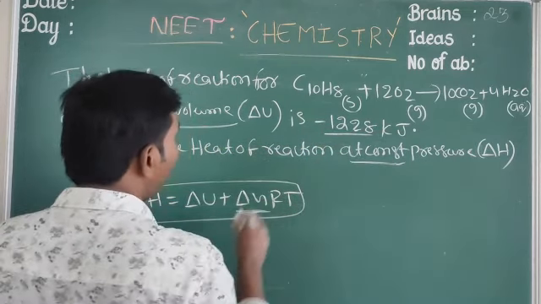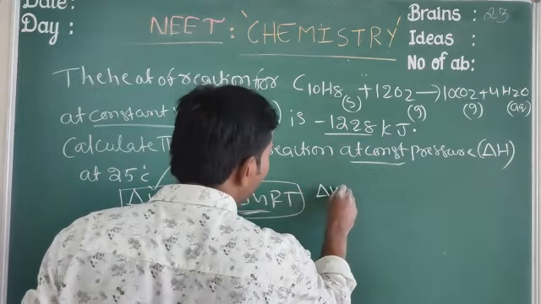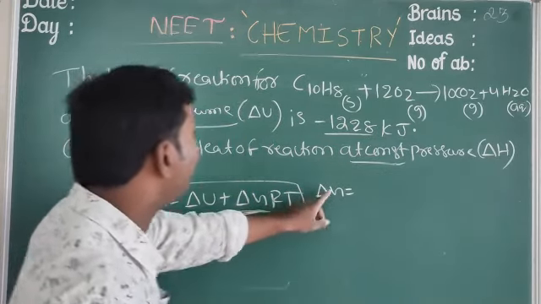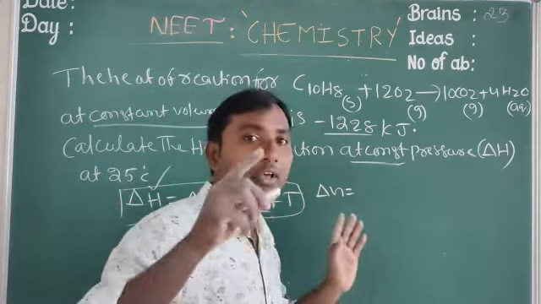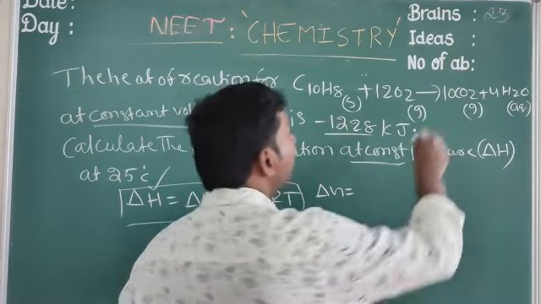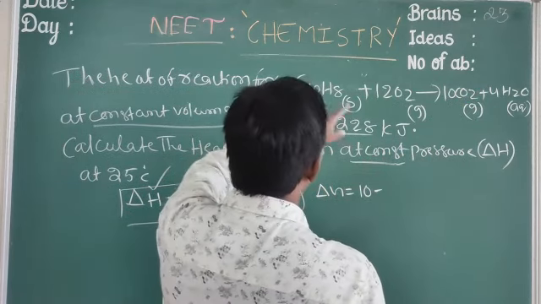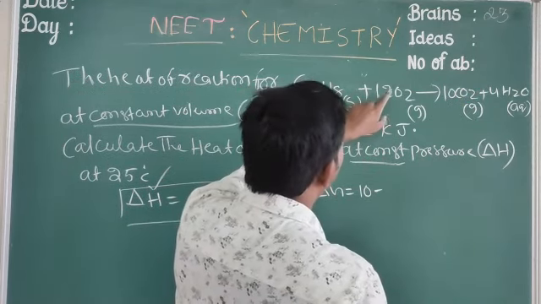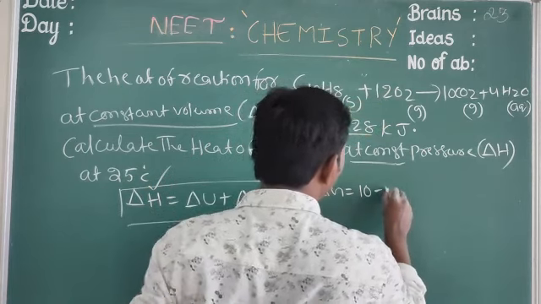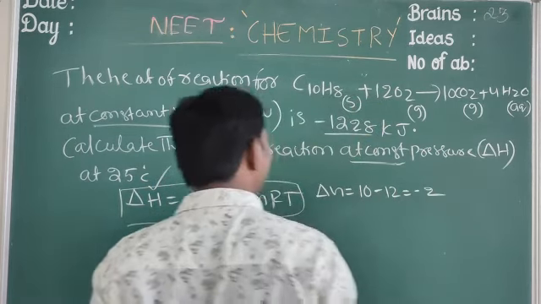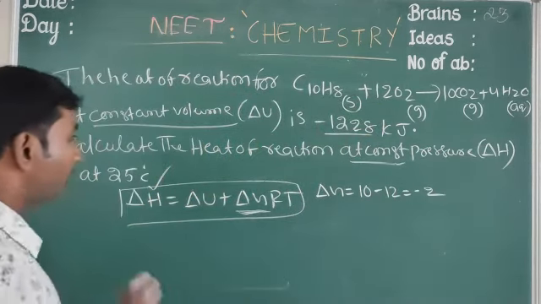Del n we have to find out, the change in the number of moles. Solids and liquids are ignored. So product moles 10, reactant 12 moles, so del n equals minus 2.